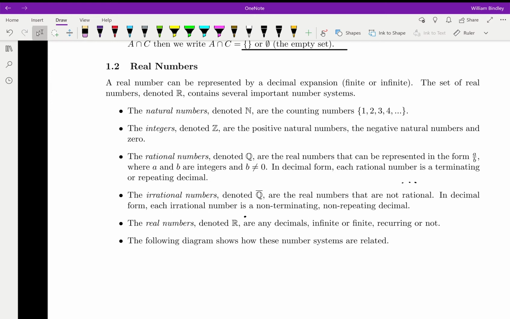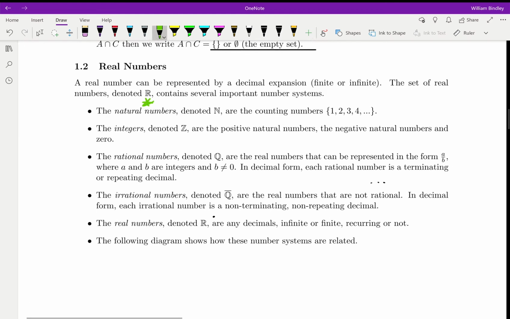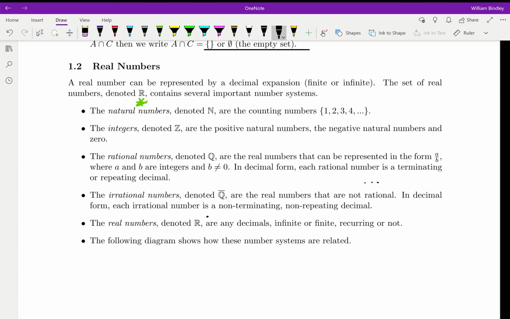And the set of real numbers is denoted by this symbol here, and it contains several important number systems itself. Obviously when we are writing by hand, we can't make our symbols appear like the typeset symbology that you see here. So in handwriting, the set of real numbers is denoted like this.